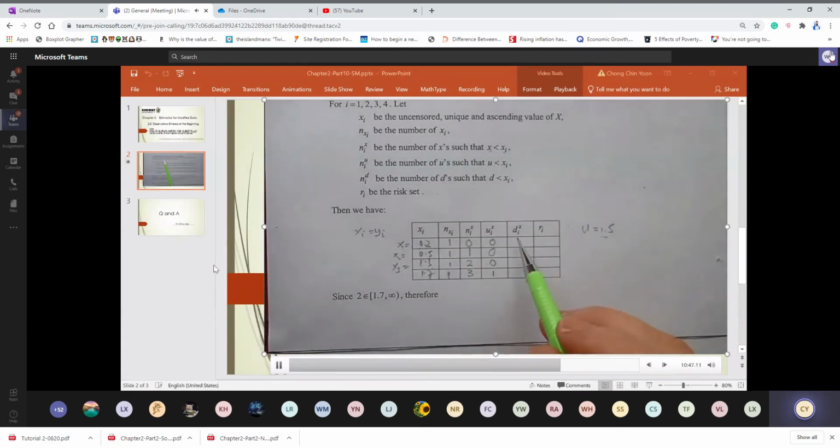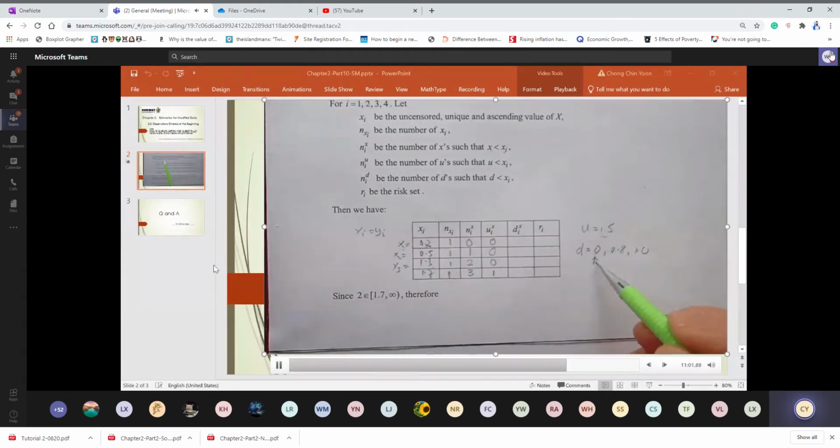Now we go to d, the truncation value. The d values we have are 0, 0.8 and 1.0. Remember, for this one we have 10 units, this one we have 1, this one we have 1. Now how many d values are less than 0.2? I have 10 which are less than 0.2.